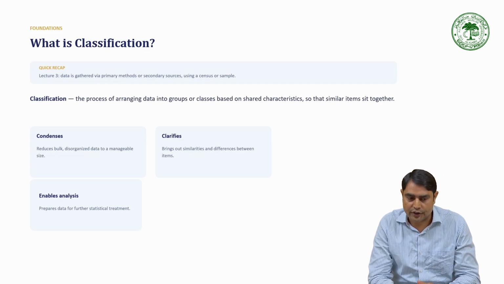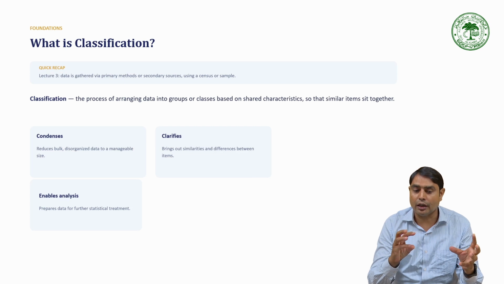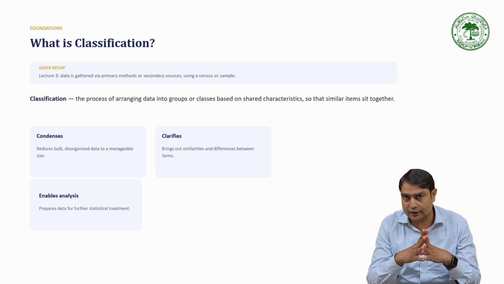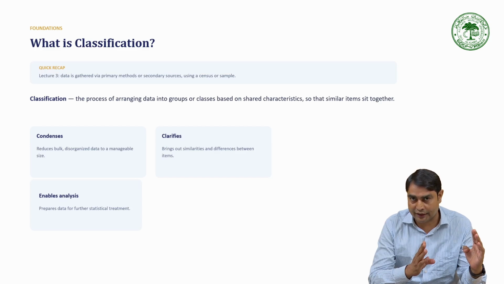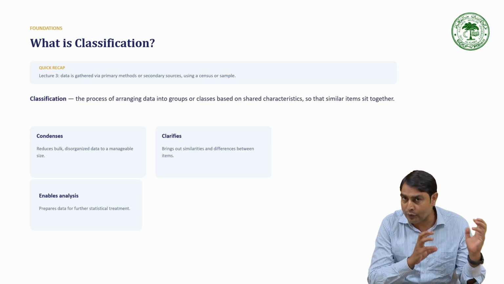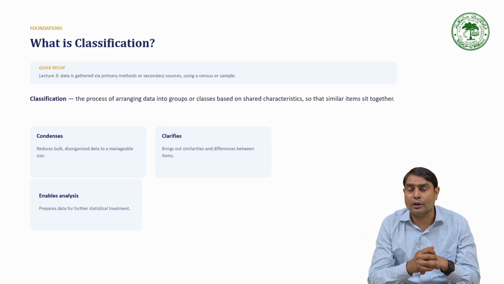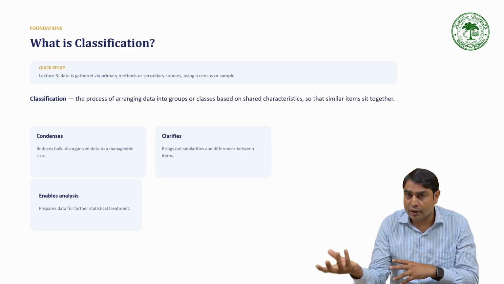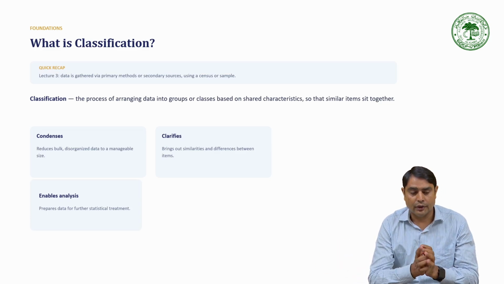So what is classification? Classification is the process of arranging the data into different groups or classes based on shared characteristics. So we are classifying similar items on the basis of their characteristics or their types in one class, and creating another class for the data which is sharing other similar characteristics.